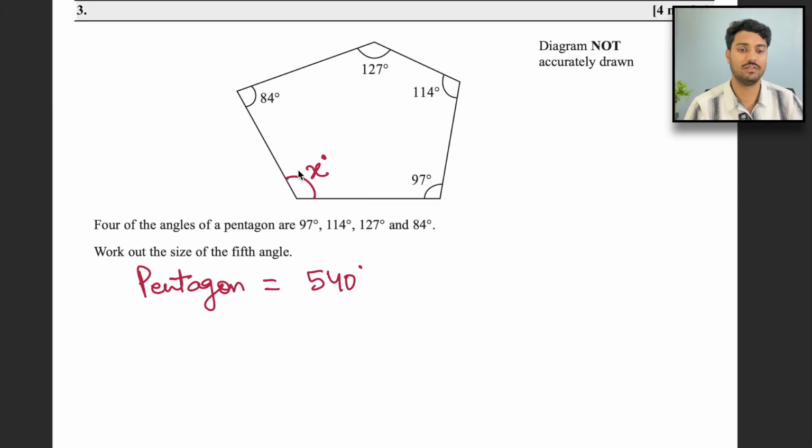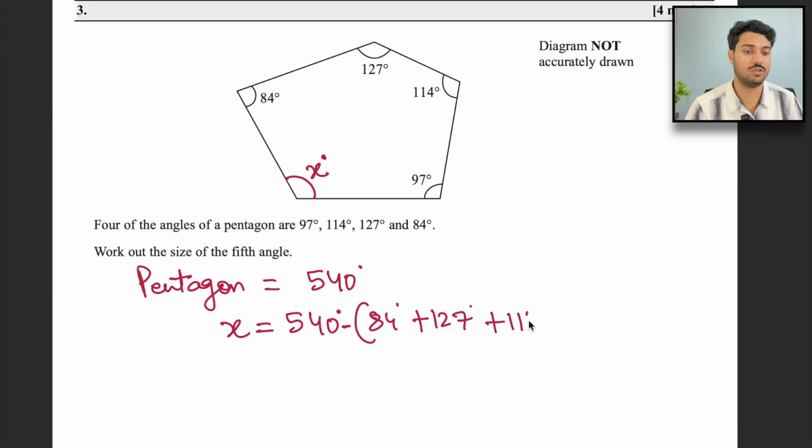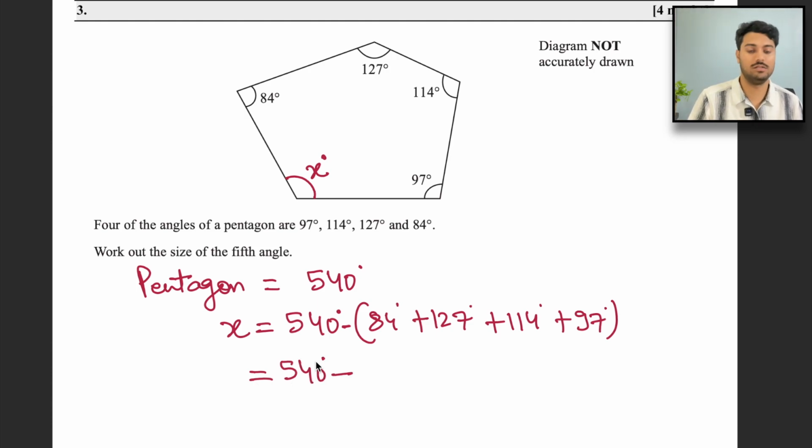Now we have to find the 5th angle. So X is going to be 540 degrees minus the sum of all the remaining angles: 84 plus 127 plus 114 plus 97, which is 422 degrees, and 540 minus 422 is 118 degrees.